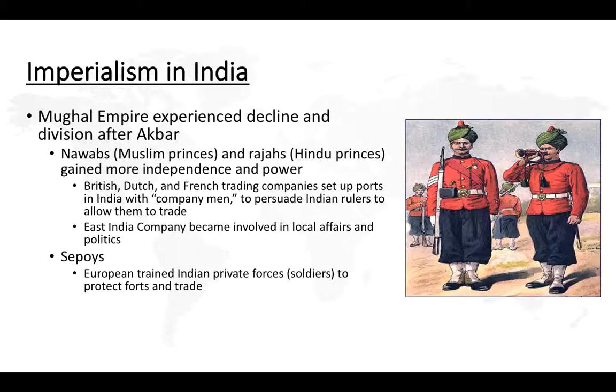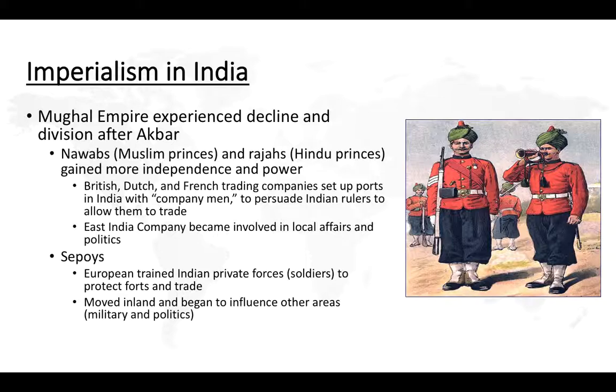So what they'll do is they'll train these sepoys and then they'll use them, even if the English are not there presently, they'll use these nobles, the Nawabs and the Rajas, and the sepoys that they train to protect their trade enclaves. And the further they become successful in controlling parts of India, they're going to move inland a little bit more and begin to influence other areas.